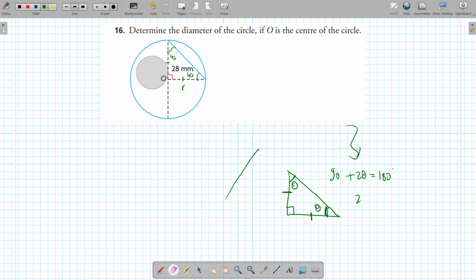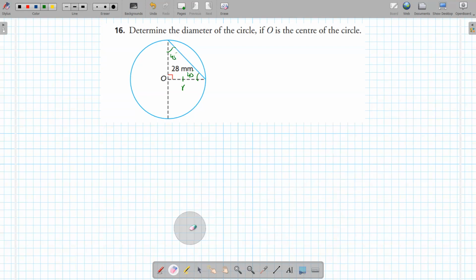To find the diameter, you just need to find either of those side lengths. You can either find the opposite or the adjacent and double it. What do we use? Sine, cosine, or tan? We're given the hypotenuse. You can use cosine or sine.